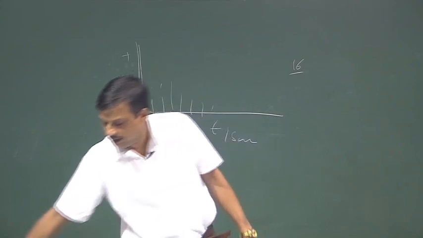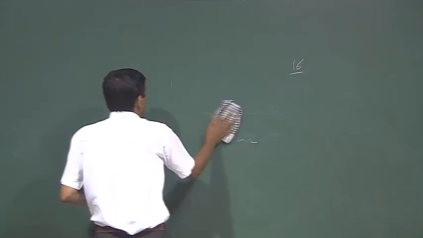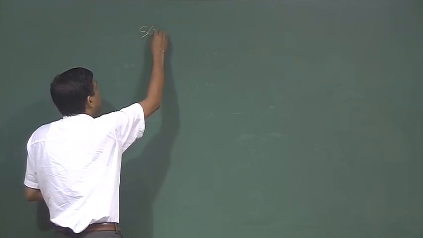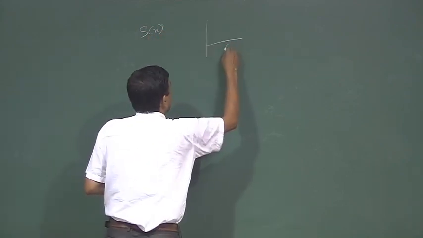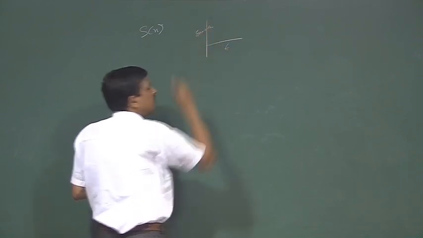If you do not have a signal processing background, then broadly you can think of it like this. Suppose I want to know the frequency analysis of the signal. I have a time domain speech signal s(n) which I plot as time versus sample value or amplitude.